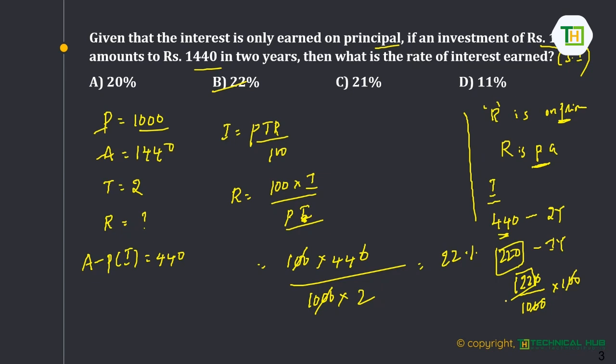So 440 is the 2 years interest, then 1 year interest is equal to 440 by 2, that is equal to 220. So 220 by 1000 into 100, you will get the rate of interest. Or else, you know the basic formula, from that you derive the R formula, substitute values in that formula, you will get the answer. Okay. Yes. Moving to the next question.